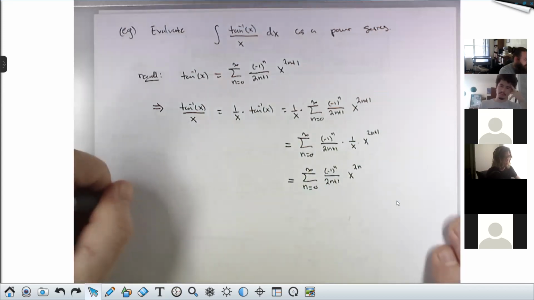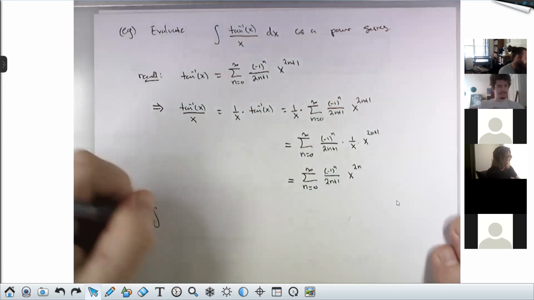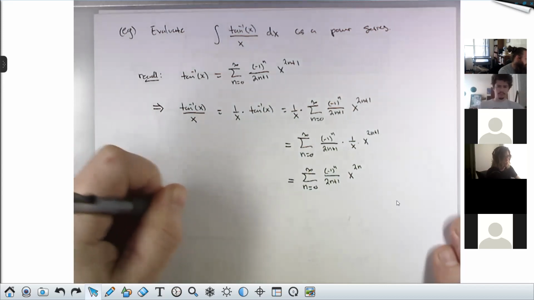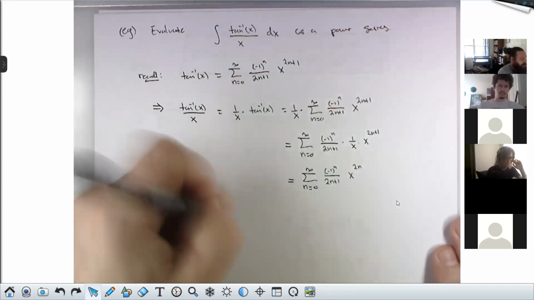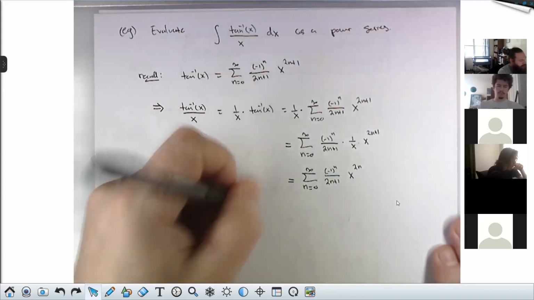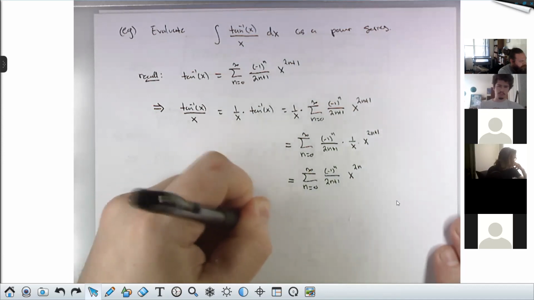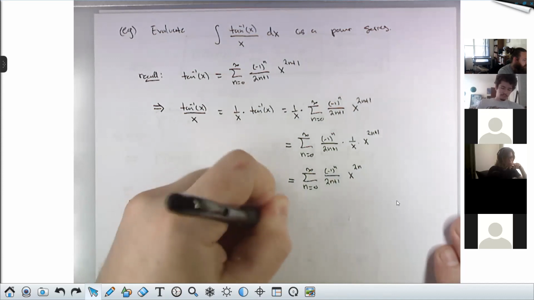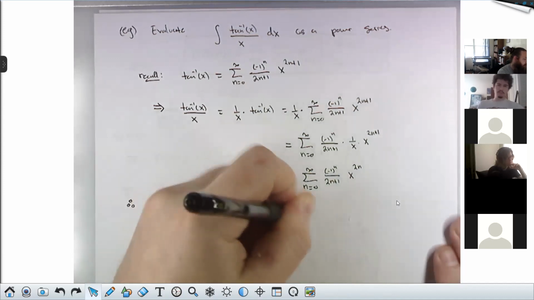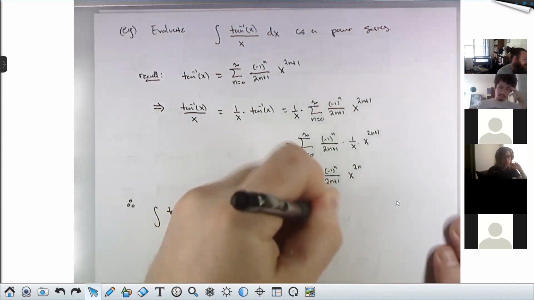Therefore, the integral of arctan x over x dx is the integral of sigma n from 0 to infinity, -1 to the n over 2n plus 1 times x to the 2n dx.